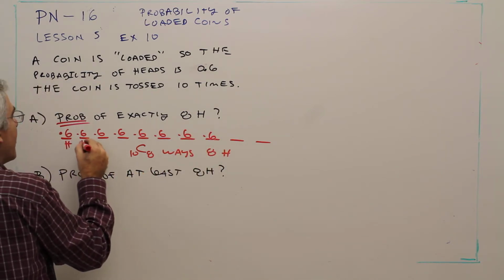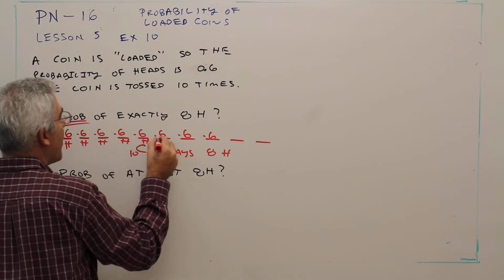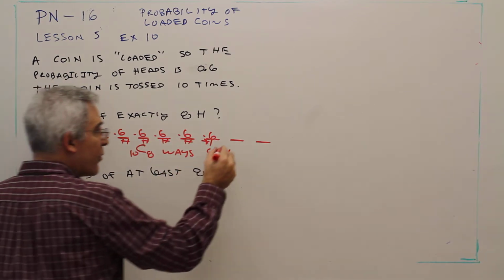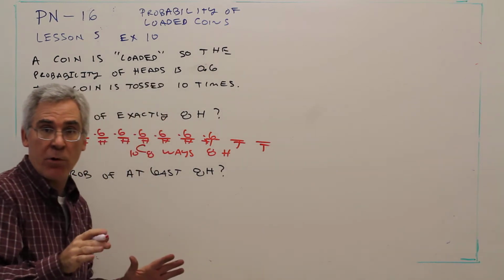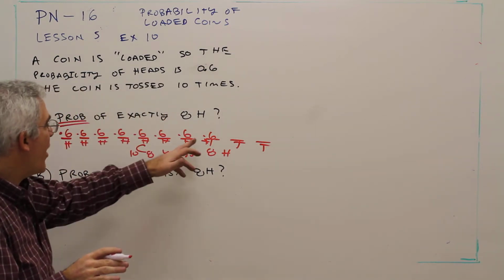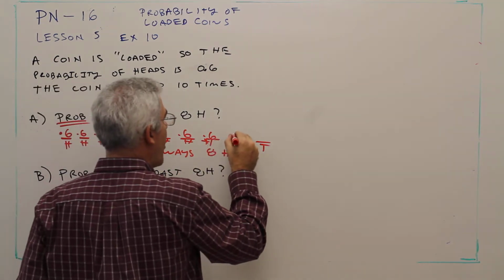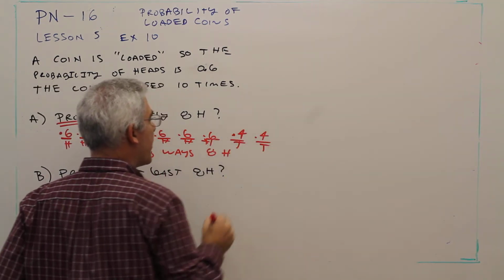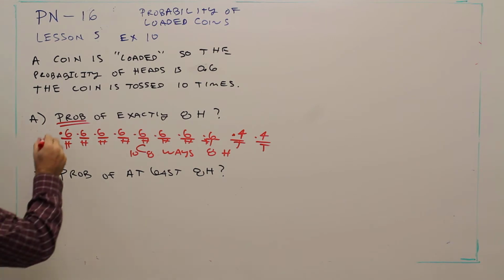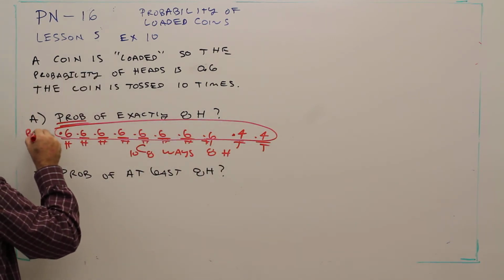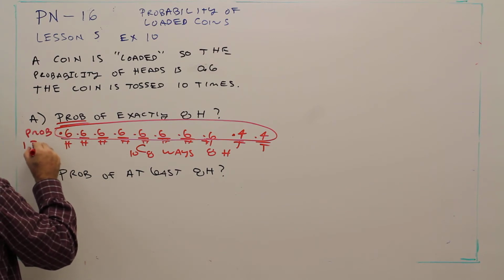So that was heads, heads, heads, heads, heads, heads, heads, heads. The other two were tails. If it's 0.6 for heads, 1 minus 0.6, that's 0.4 for tails. So this is the probability of one of those branches.